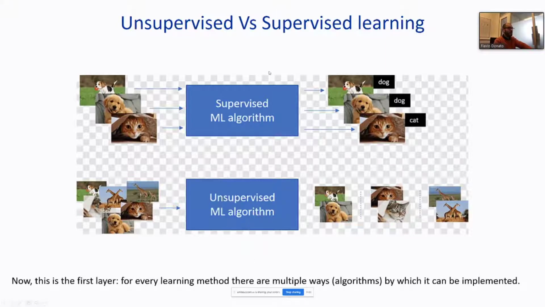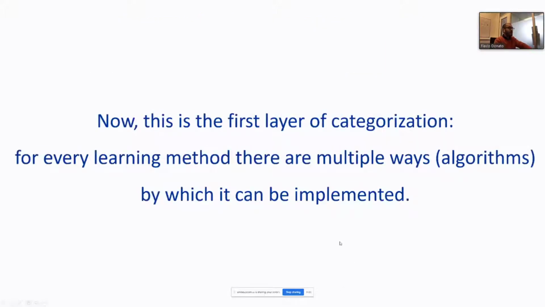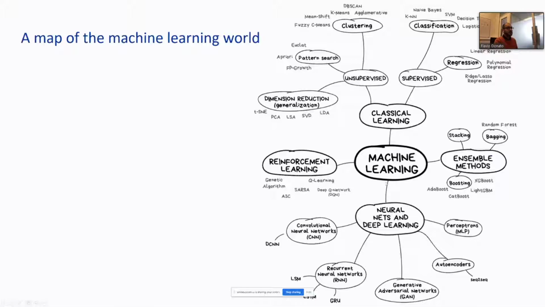For every type of method, we have multiple algorithms that can be implemented. I'll just put this here to show that machine learning is quite a complex field, in which you have different types of methods, if you want to call them that. You have reinforcement learning, deep learning, and classical learning with unsupervised and supervised.